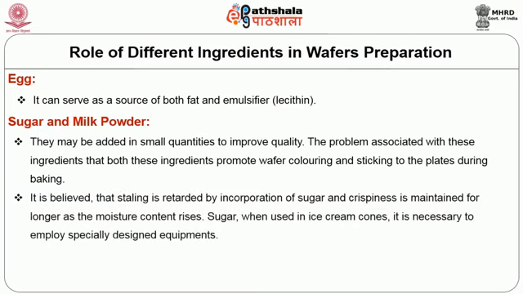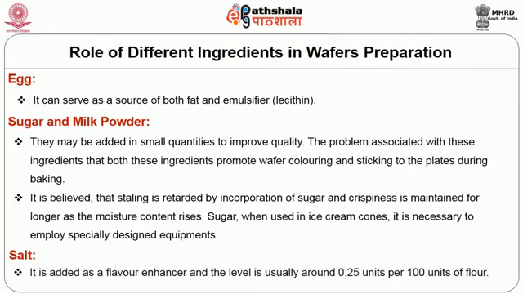It is believed that staling is retarded by incorporation of sugar, and crispiness is maintained for longer as the moisture content rises. When sugar is used in ice cream cones, it is necessary to employ specially designed equipment. Salt is also added in batter as a flavor enhancer, and the level is usually around 0.025 unit per 100 units of flour.